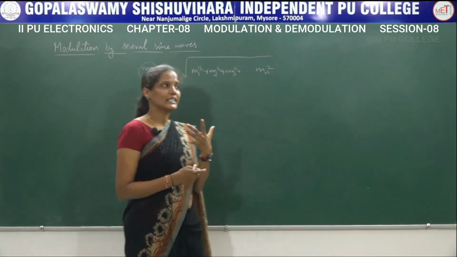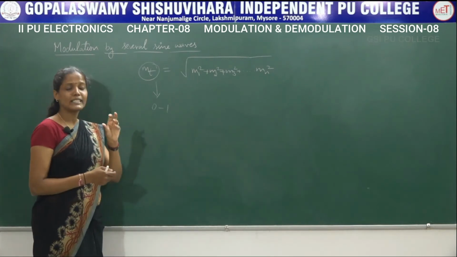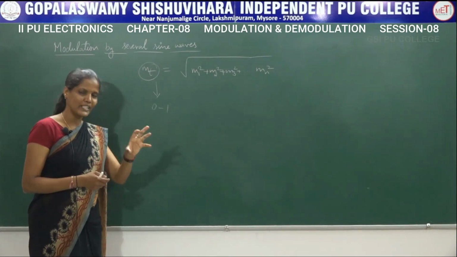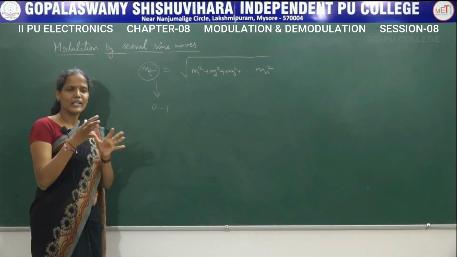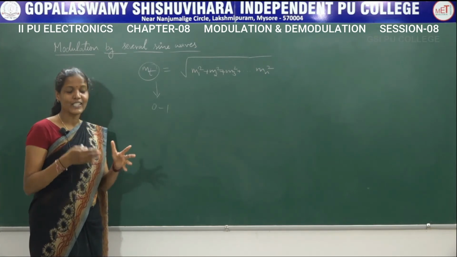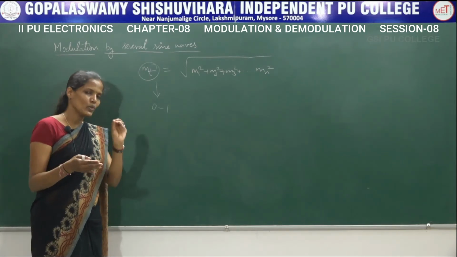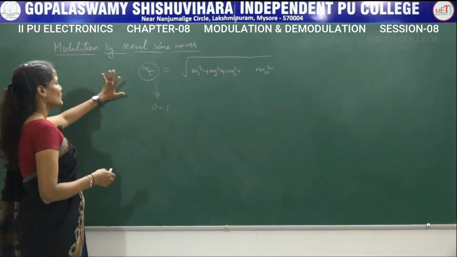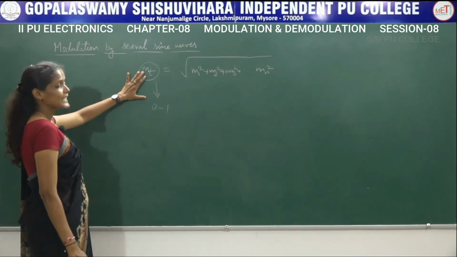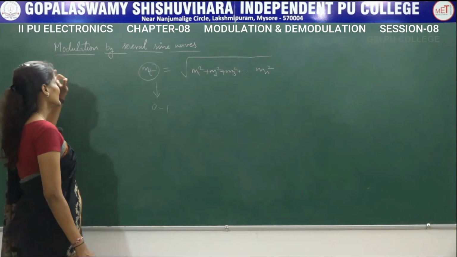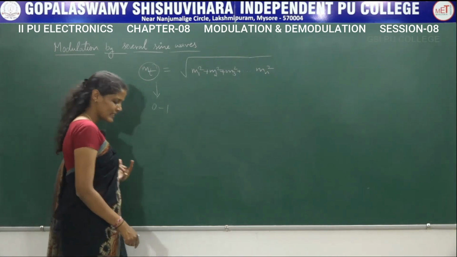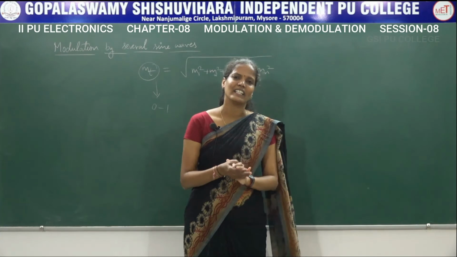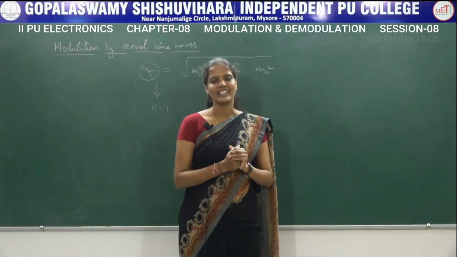So, instead of sending only a single modulating signal with only one carrier signal, we can combine a number of modulating signals whose frequencies are different with only one carrier signal. So, the total modulation index will be denoted by MT. Modulation by several sine waves is most generally used in today's science and technology.